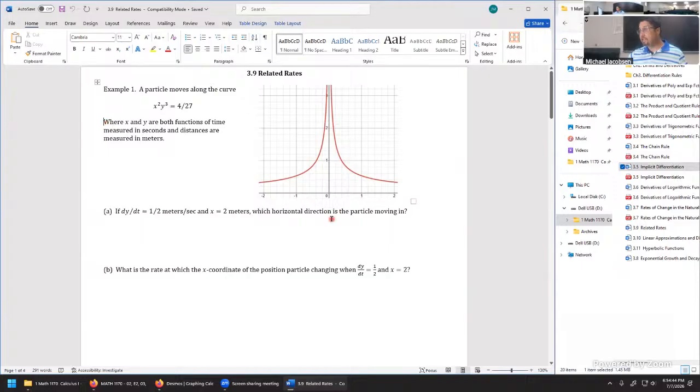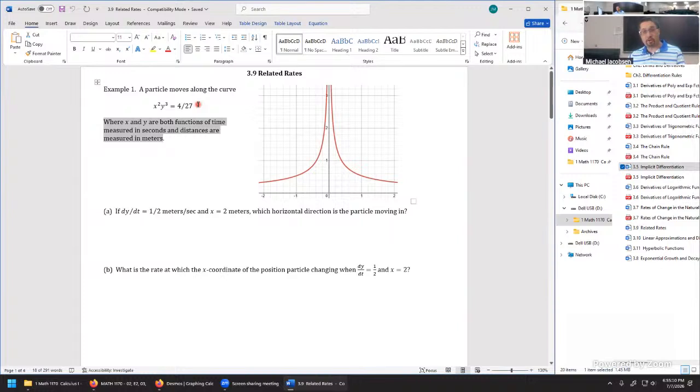It says here, x and y are both functions of time measured in seconds, and distances are measured in meters. So here's the whole context of this one. It just says a particle. So this could be some weird proton we're tracking in space, maybe in the Large Hadron Collider, where they do high energy experiments and things.